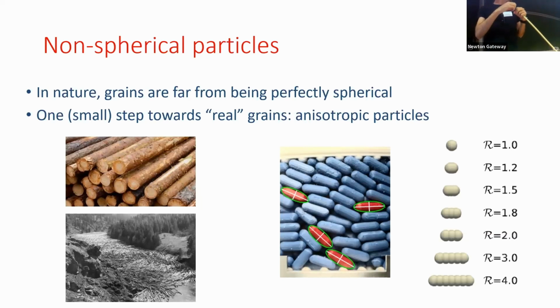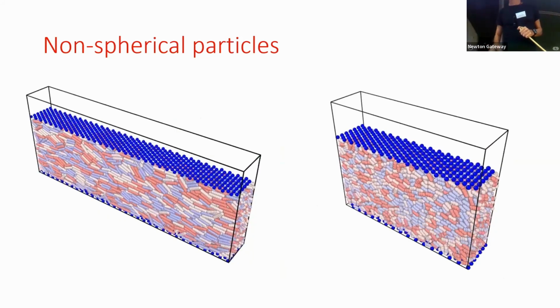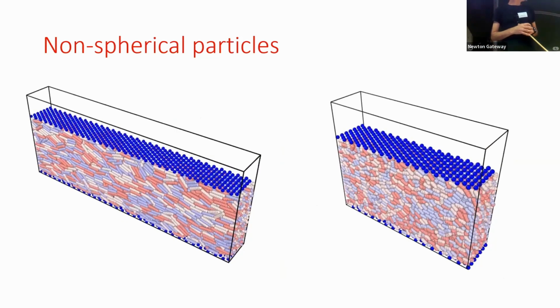We just create clumps by overlapping spheres, and you can obtain elongated particles quite easily. So we use the same experimental systems as before for the shear cell, and we also use simulations which are pretty similar to what we have done before, except that we use clumps of spheres instead of spheres. So let me show you two videos of this system.